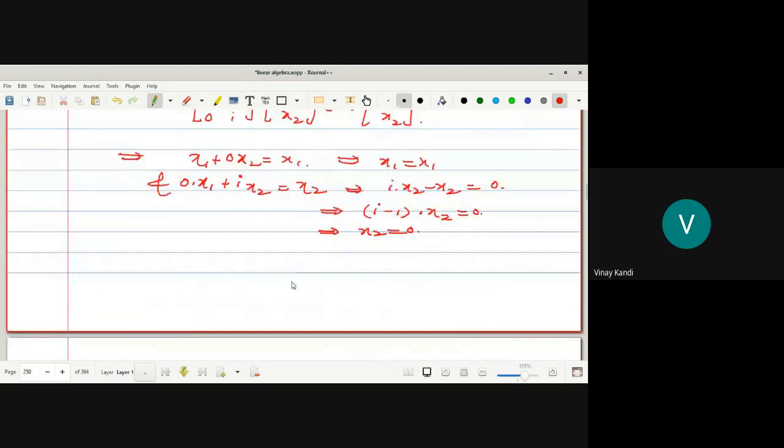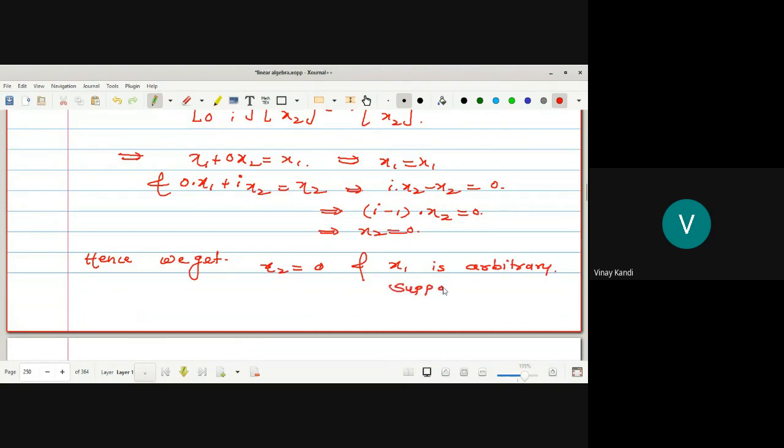So the x2 coordinate is 0 and x1 is arbitrary. Suppose that arbitrary element is k.